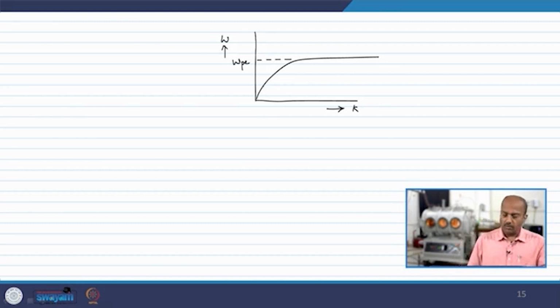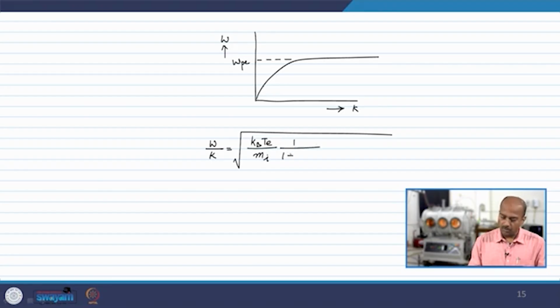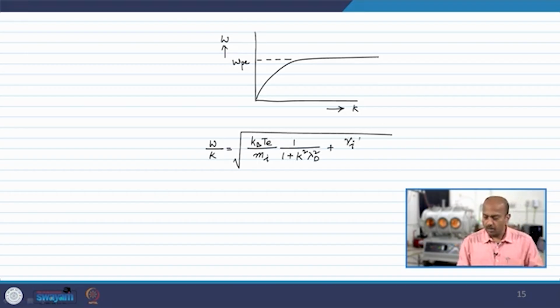So, when k square lambda_D square becomes very large, or for very small waves, omega by k, which is the phase velocity, can be written as kBTe by mi times 1 by 1 plus k square lambda_D square plus gamma_I kBTi by mi.